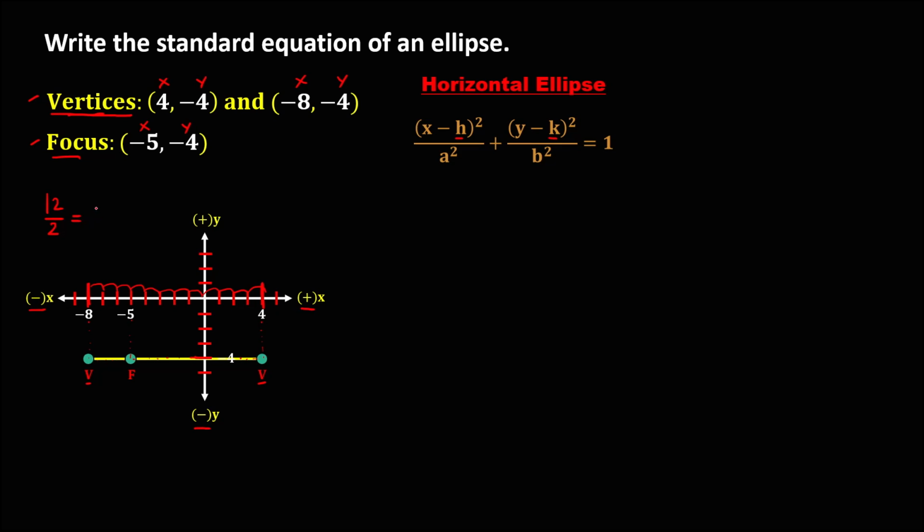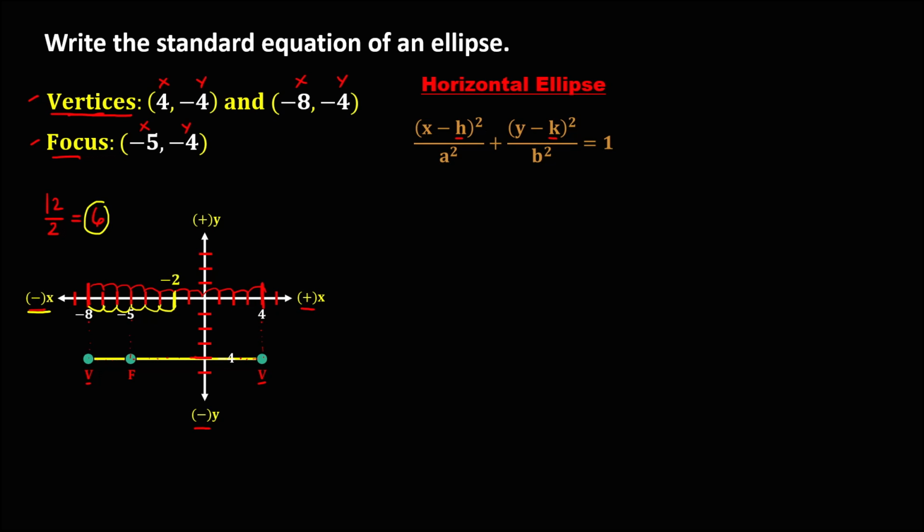And this is equal to 6. Then this time we need to count 6 to locate the center. So we have 1, 2, 3, 4, 5, 6. So this is now the point of the center.